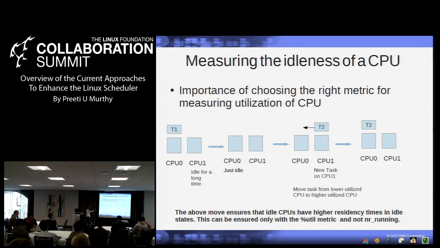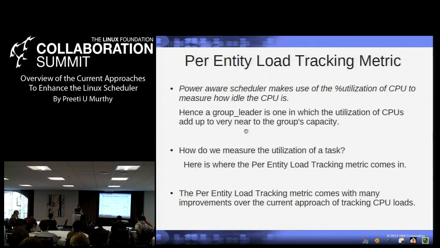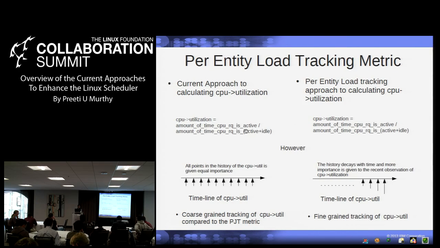It would probably conclude that CPU 0 has been idle for a long time and CPU 1 is busy for a long time and would not take that decision. So this is one of the advantages that PJT's way of calculating the CPU run queue brings onto the table. The foremost behavior of the run queue is given more importance than long ago.